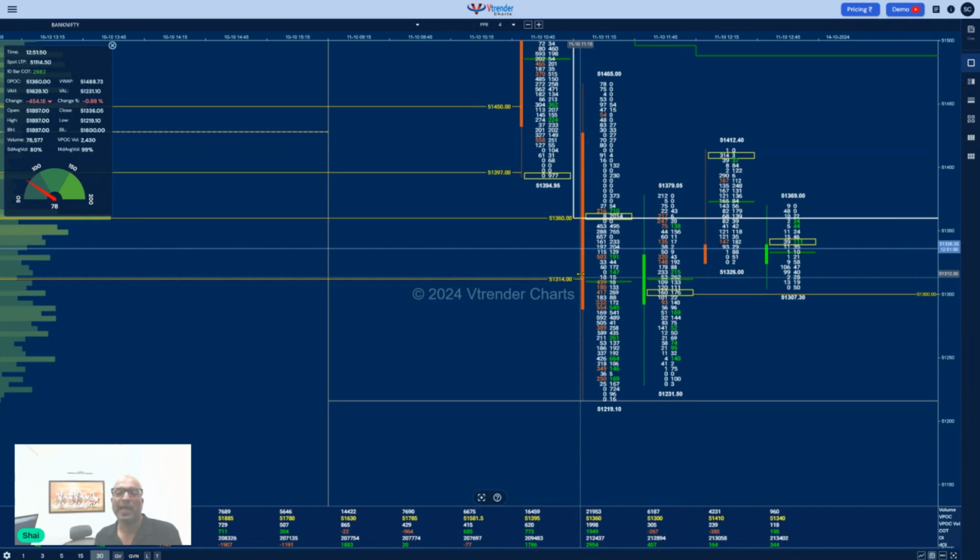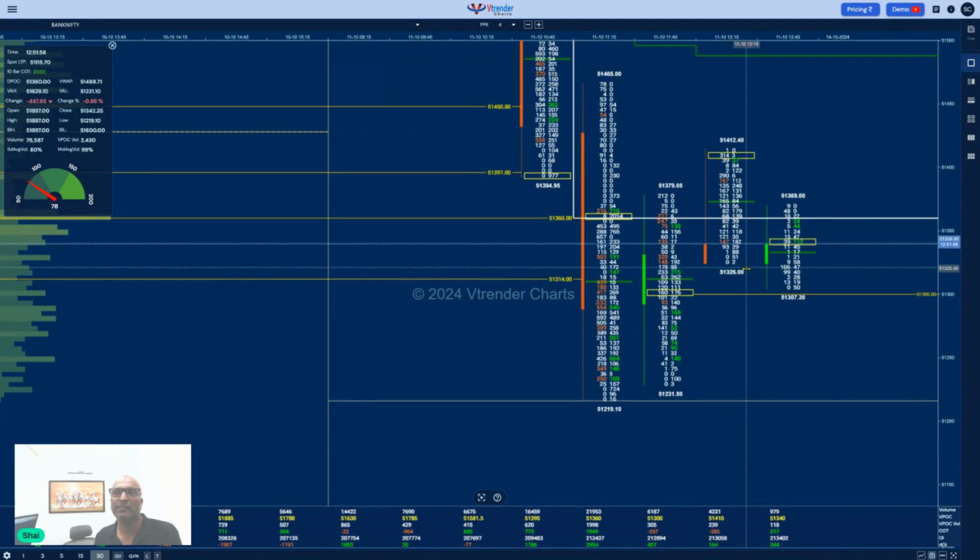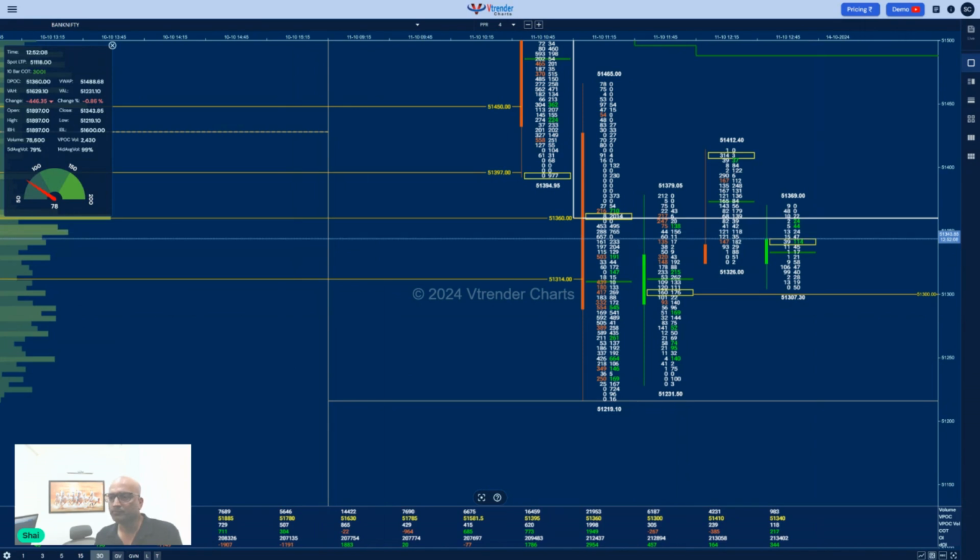I'll try to make it as simple as possible. There is no complexity here at all. All the buyers every single time are going to be on the right hand side, and all the sellers every single time are going to be on the left hand side. Right now, we have a candle right next to this information chart. This is our candle, all the candles which we are used to.